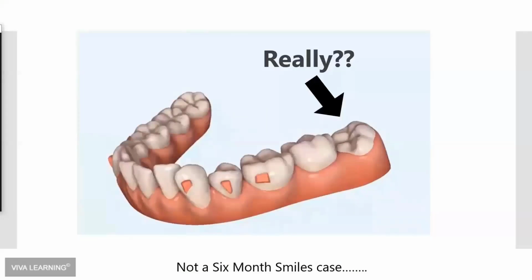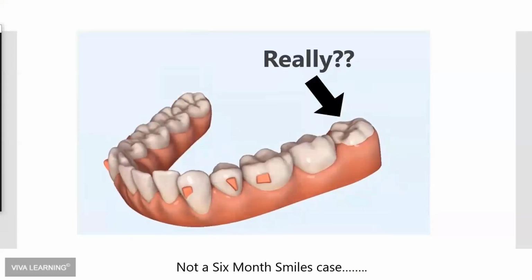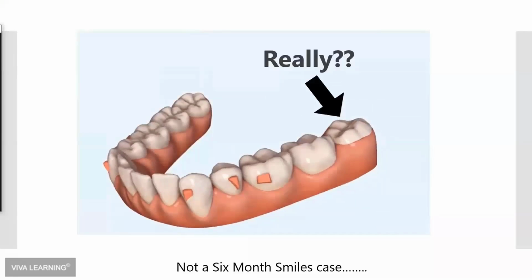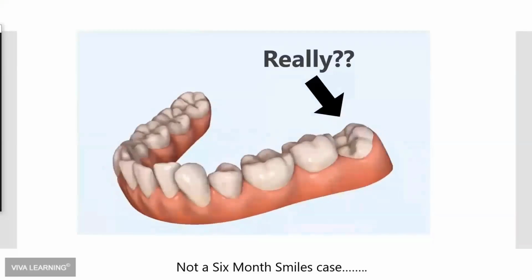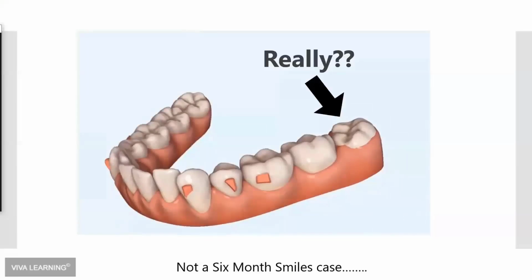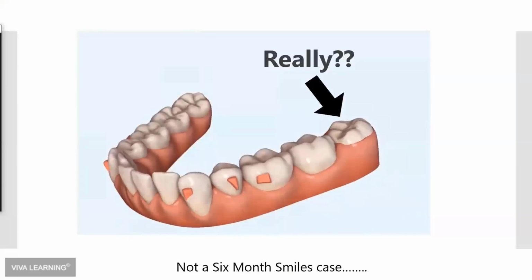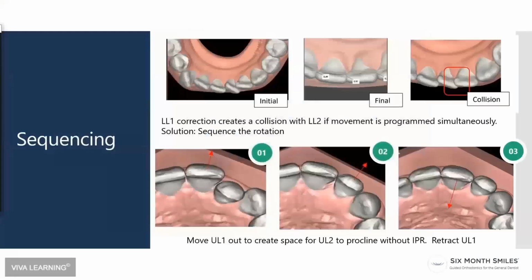Even with the best fixed appliance, it would be very, very difficult, very unpredictable. So it is not an ideal scenario, but it's important to understand that constant monitoring of predictable movements is part of your aligner journey, and that's what we provide.